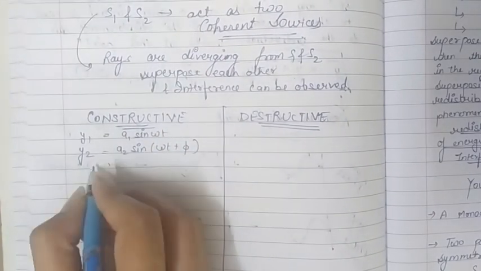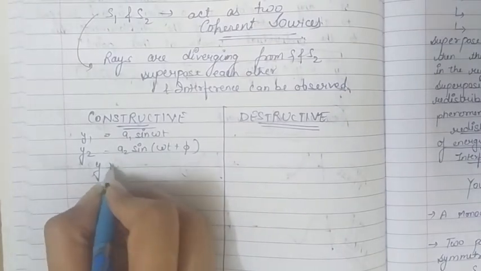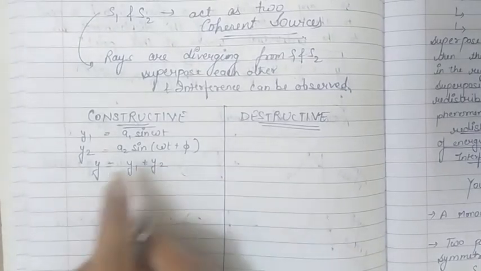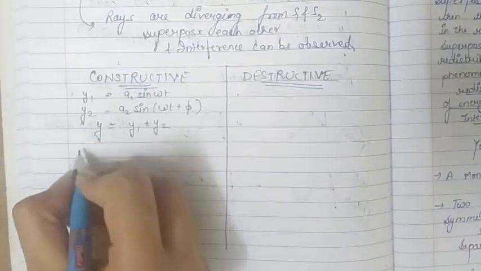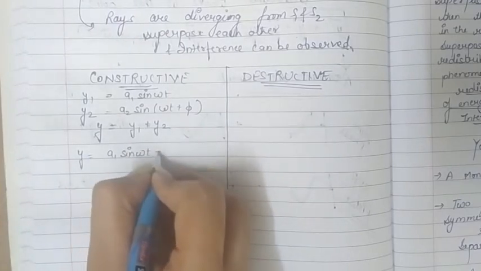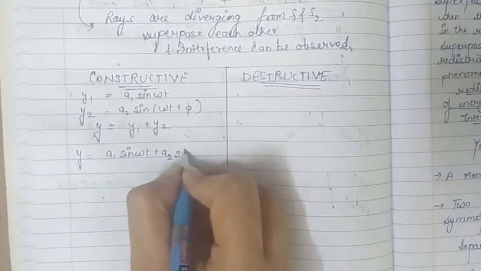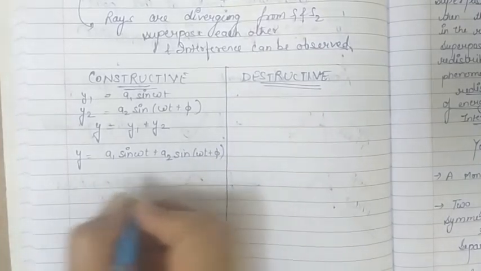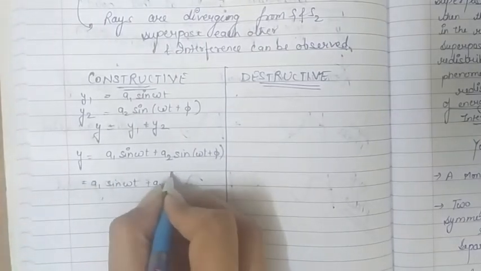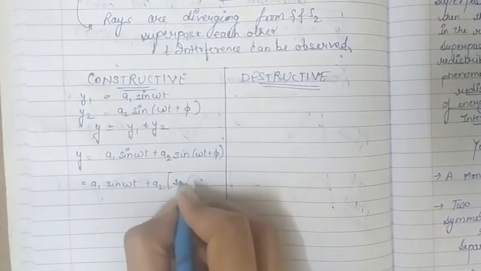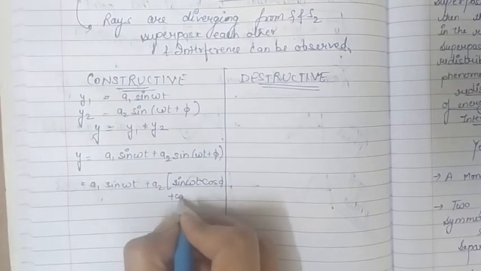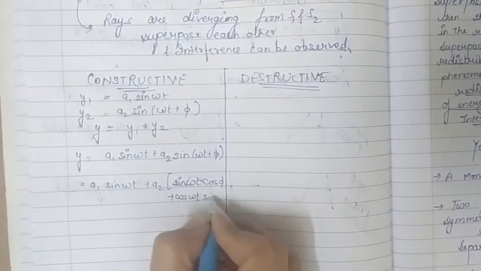Now by the principle of superposition, the resultant wave we get will have the displacement y equal to y1 plus y2, and on solving this we get y equal to a1 sin omega t plus a2 sin(omega t plus phi). By using a trigonometric relation, sin(a plus b) is sin a cos b plus cos a sin b, so it is sin omega t cos phi plus cos omega t sin phi.